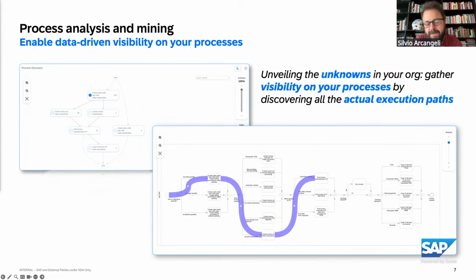Since the inception of process mining, it's really the main distinctive additional value of deploying process mining side by side to your analytical landscape, right? So why engage in a process mining project besides your BI? Because you get this, which otherwise you would not get.